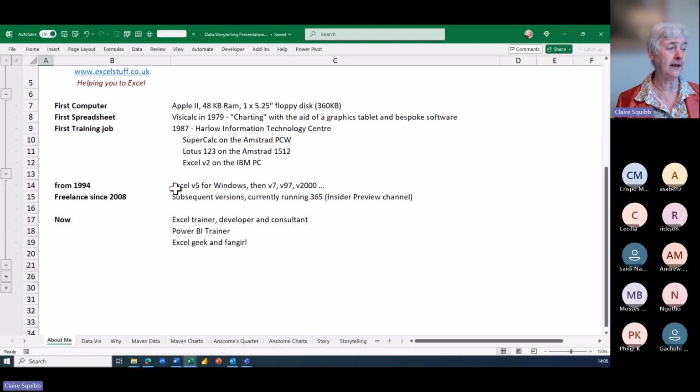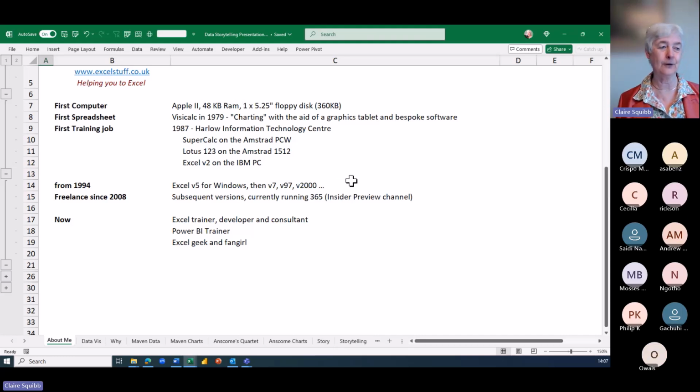And when I went back, having had my son, I discovered that we'd got Windows. So we went from DOS to Windows while I was out on maternity leave. And so then it was Excel on Windows, version 5, version 7, version 97, version 2000, and so on through the list. So I've been running all the subsequent versions, and I'm currently running Excel 365 on the Insider Preview channel.